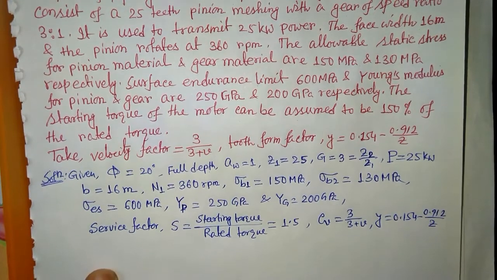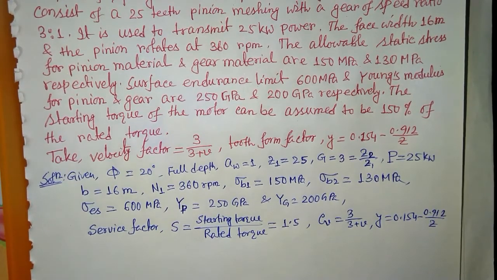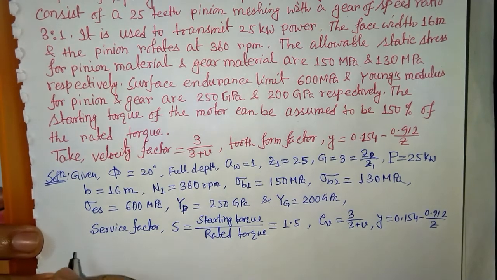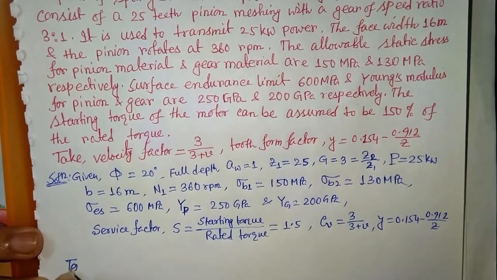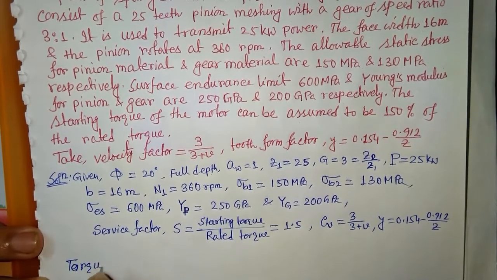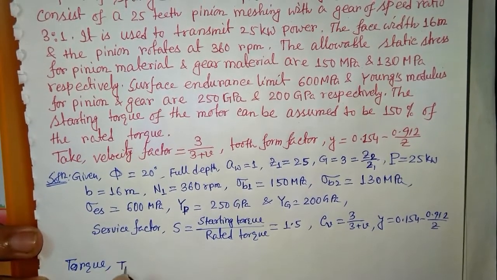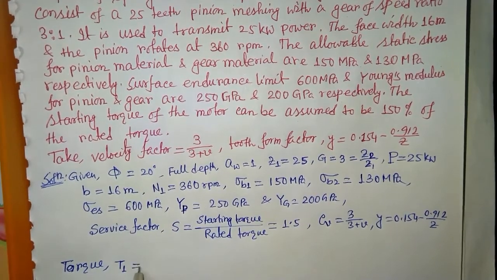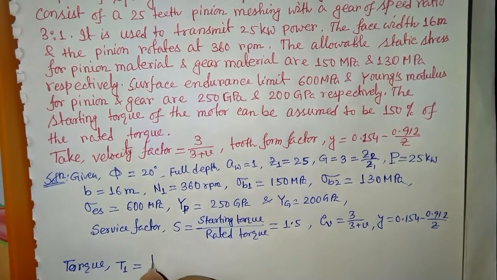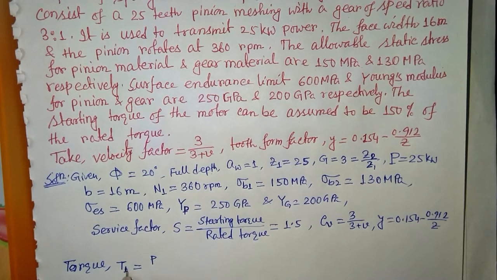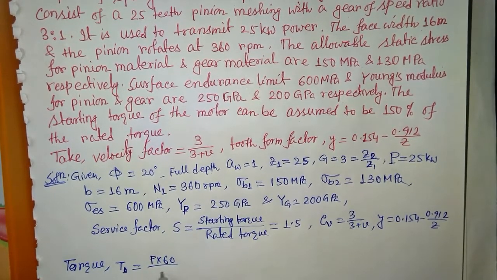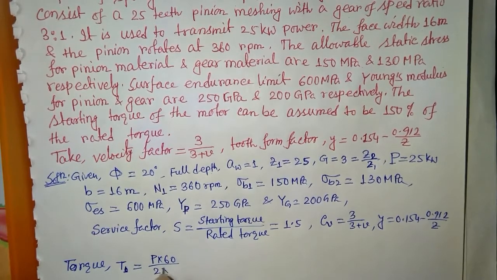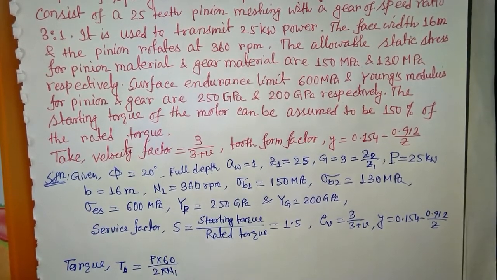Okay, so now the design of gear we have to do stepwise. First we need to find the torque. Step 1, we will be finding torque. So torque T1 is equal to, we know, P into 60 by 2 pi N1.